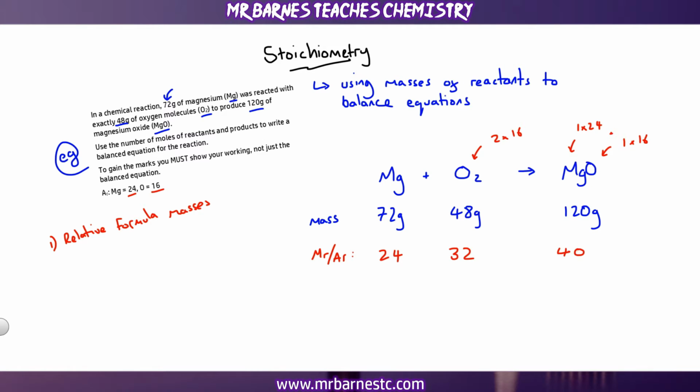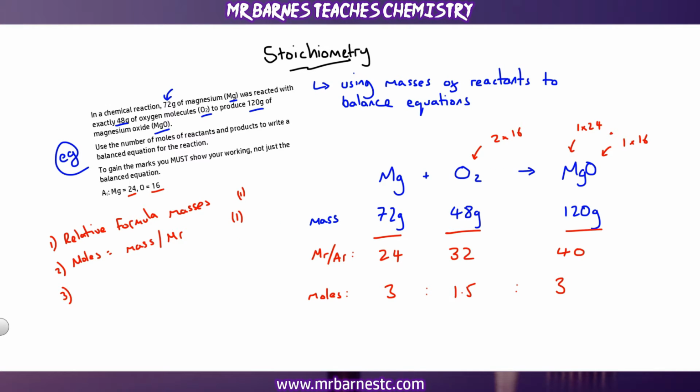Add them together, you get 40. So to work out the moles then, it's the mass divided by MR. So 72 divided by 24, 48 divided by 32, and 120 divided by 40, which gives me 3 moles of magnesium, 1.5 moles of oxygen, and 3 moles of magnesium oxide.